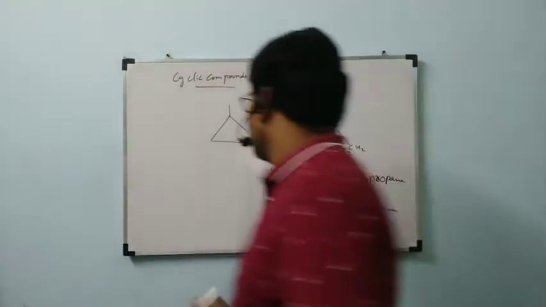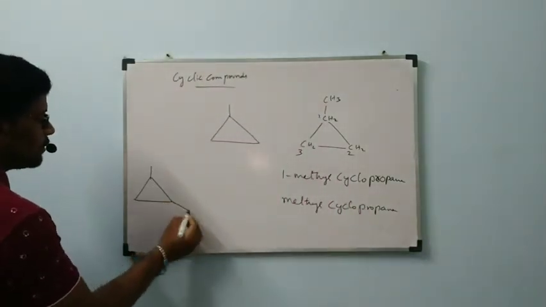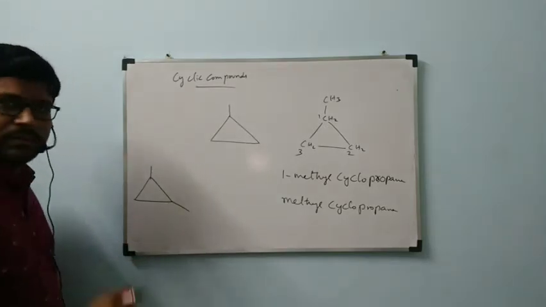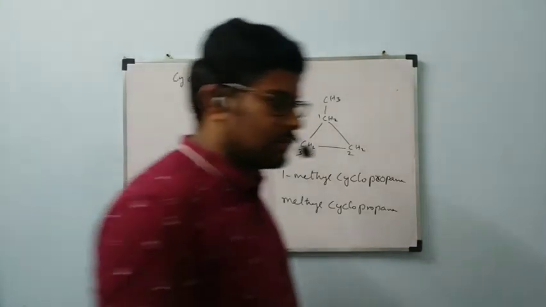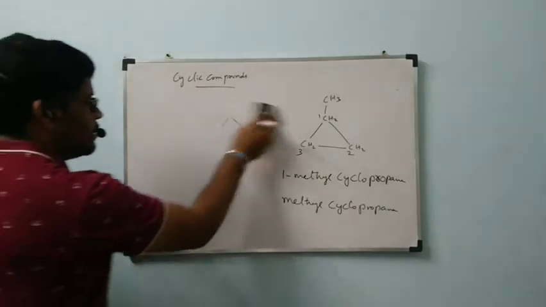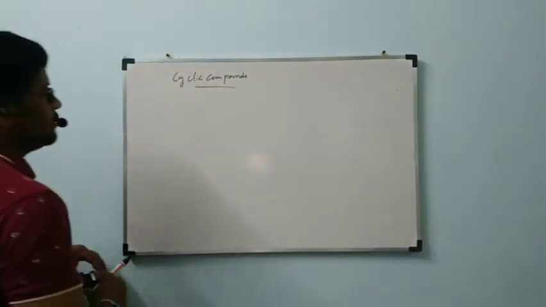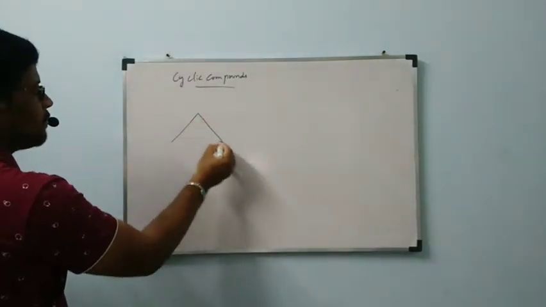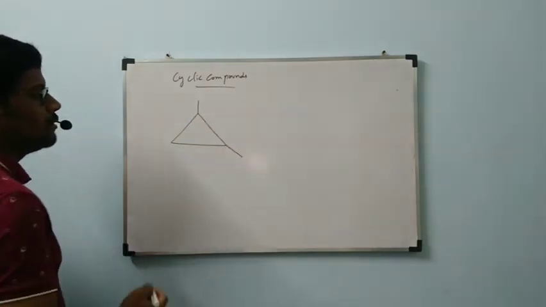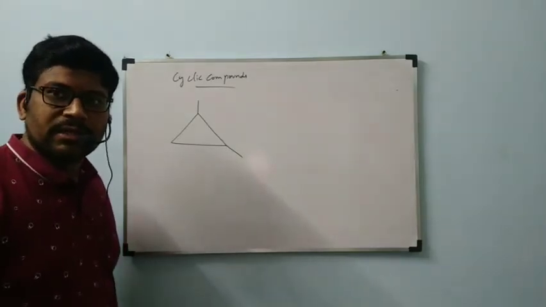Next, if you have this type of compound, how to give the name? Separately I will tell you. Now see, all of you. I told you in clockwise or anti-clockwise direction we can give the numbering.